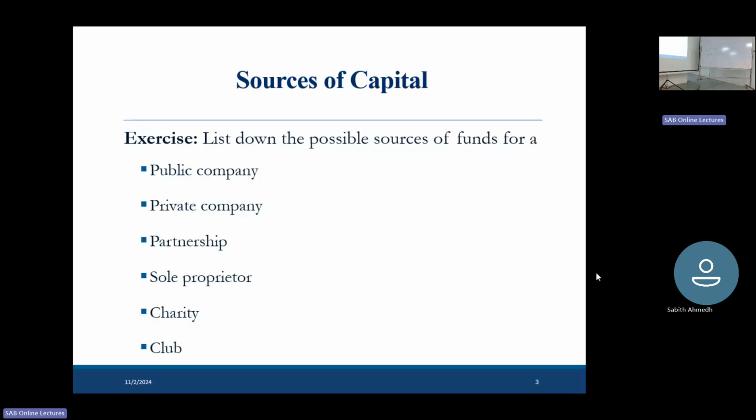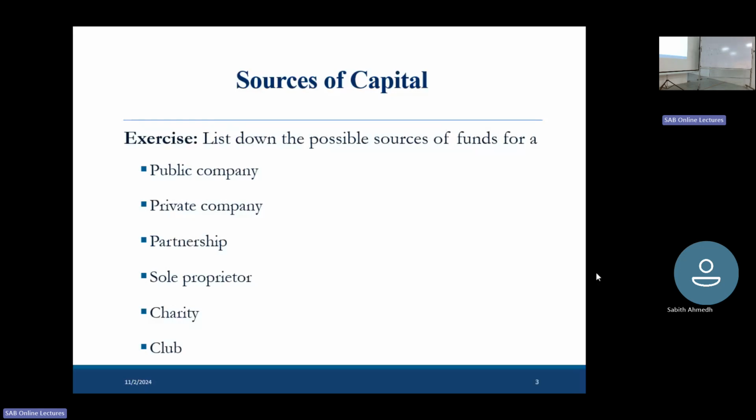Then a partnership basically gets funds from the partners' capital and bank loans; they cannot issue shares. A sole proprietorship uses own money, from friends, family, and some other pools. So these are the sources of capital.